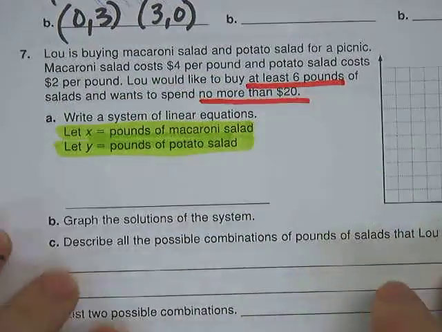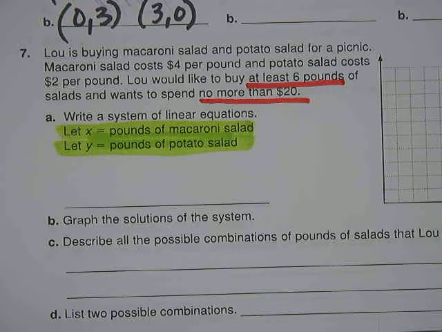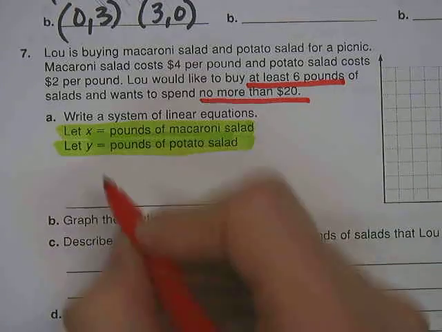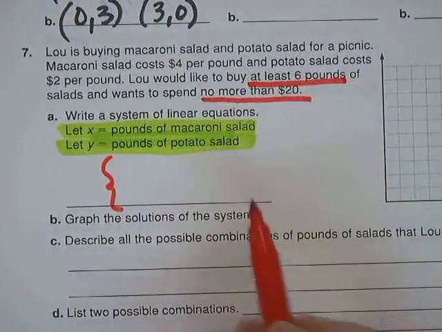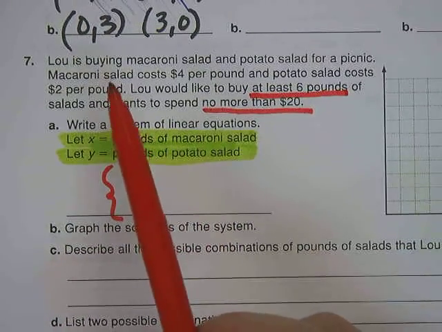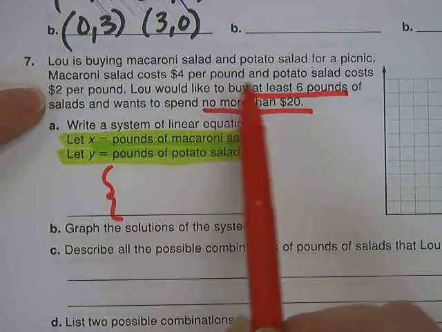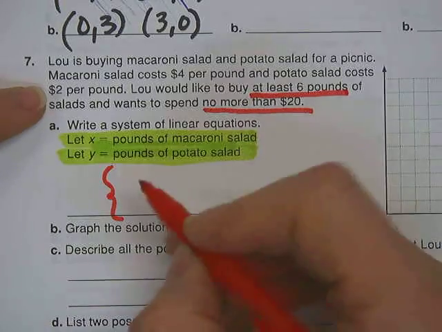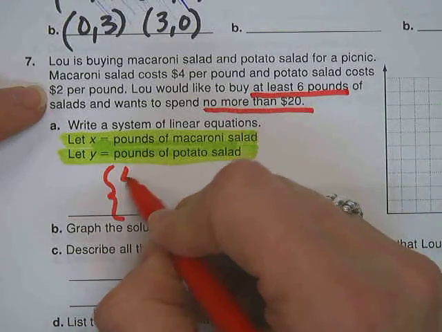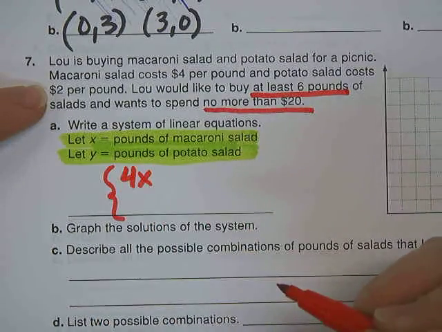So as you can see, they clearly define the variables, and this is still something that I see many of you struggling with. You jump right into a problem with X and Y, but you really have no idea what X and Y are representing. So we're going to do our system of equations. So we look back here. $4 per pound of macaroni.